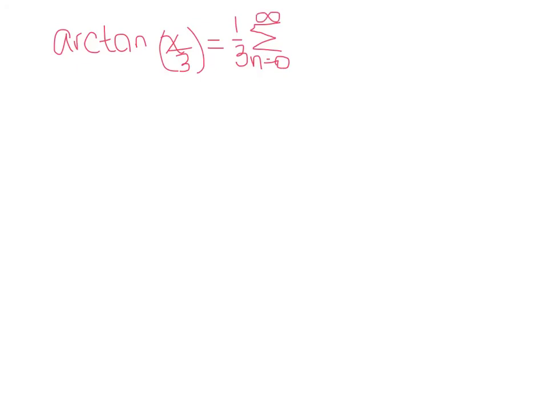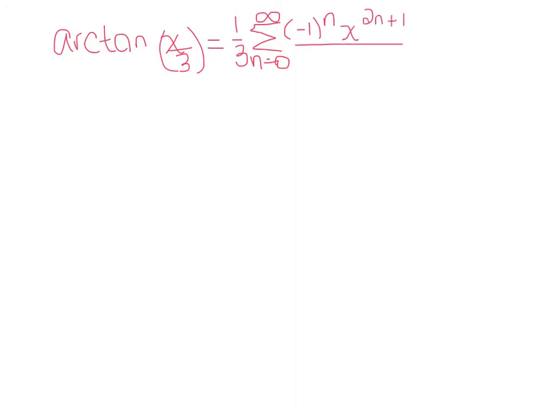So we're pretty close. We have a final answer, I think, now for this power series, arctan of x over 3. I think what we got was the sum. We still have a 1/3 out front, n equals 0 to infinity. We're going to put negative 1 to the n, x to the 2n plus 1.